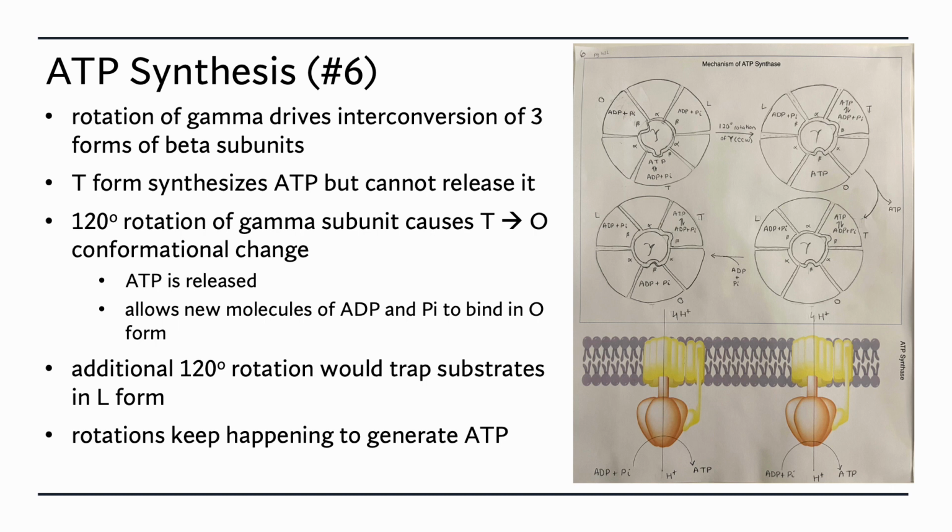This rotation would also allow additional ADP and phosphate to enter the O form once the ATP departs. Another 120-degree rotation would then trap the ADP and phosphate due to the conformational change to L. These rotations keep occurring due to the proton motive force and allow the synthase to keep generating ATP.